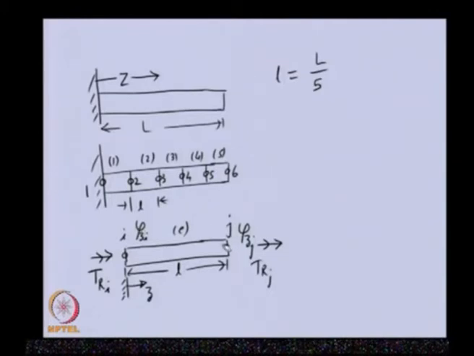This is another node, there also there is another field variable. So, for one element which we have considered here, there are two nodes and the elemental degree of freedom is 2. So, one is phi z i, and another is phi z j.